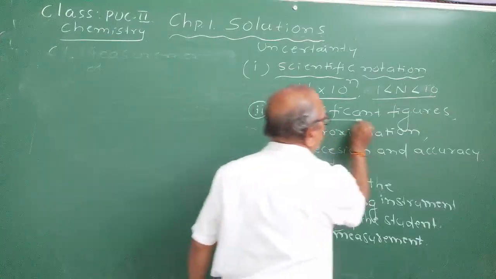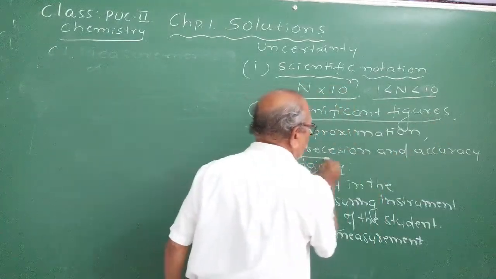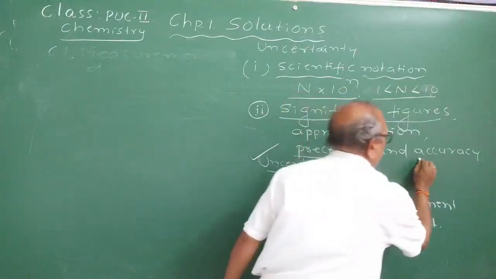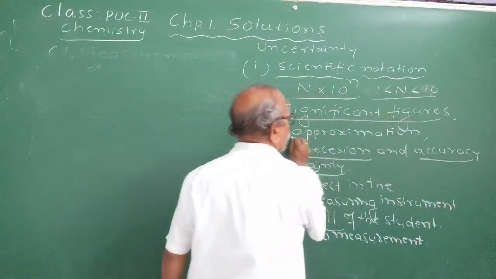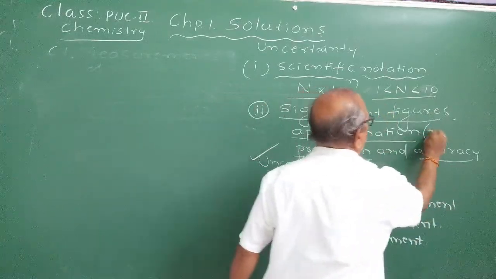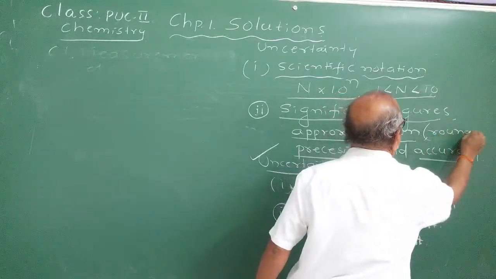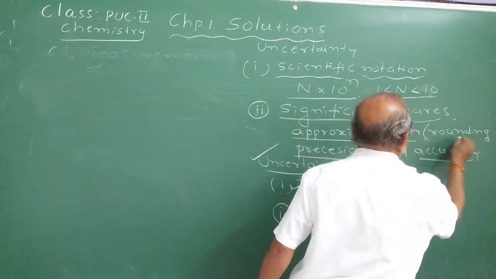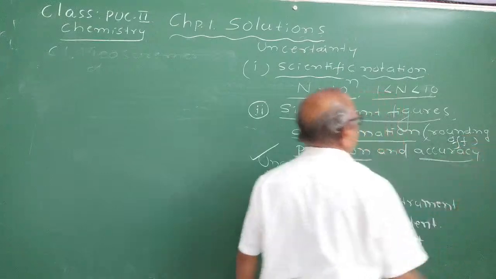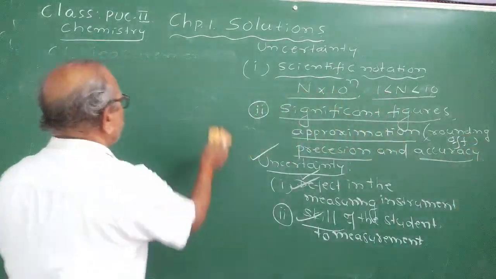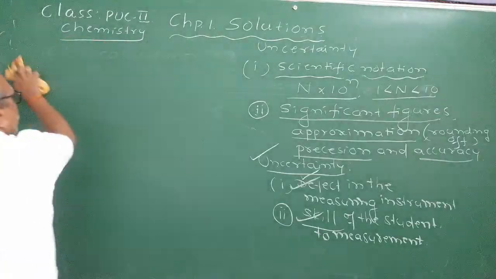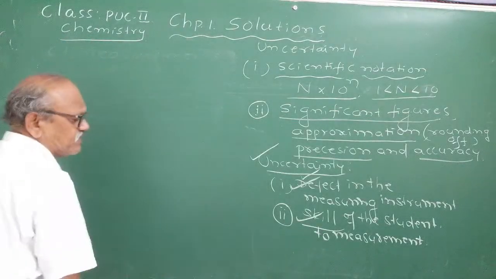To understand these things, what is the difference between precise measurement and accurate measurement, and also approximation, rounding off a number. These are regularly used in both physics and chemistry. It is a common chapter for both physics and chemistry. That is what is discussed in your syllabus.